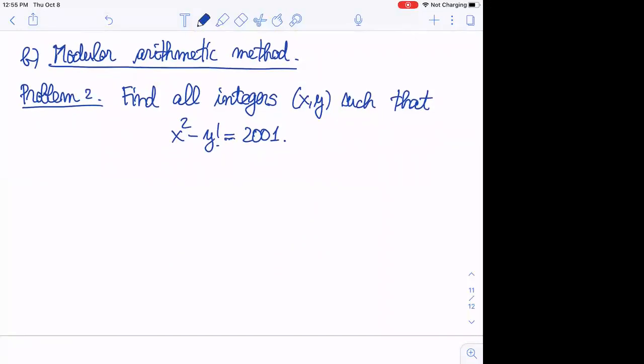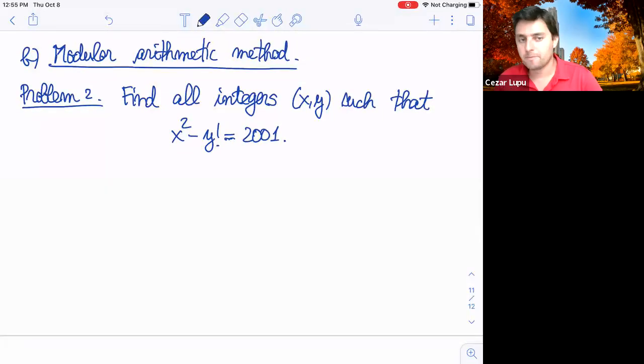And now we would like to see what happens here when you look at it. You see that you have this number 2001, which is a bit large. And you have also the factorial, which is large again. So maybe you should do something. Maybe you should mod something so that you can make things easier. And usually when you mod something, you try to mod a prime number.